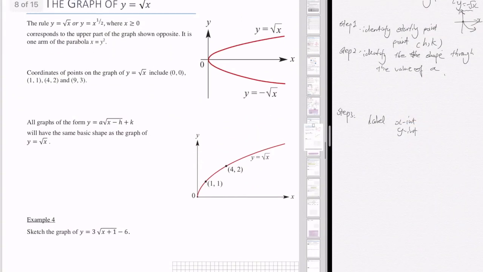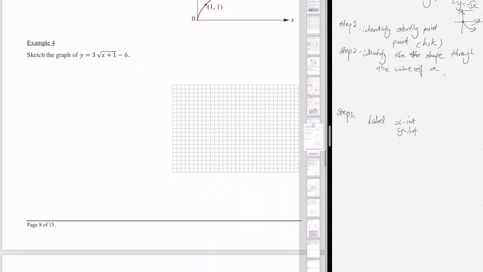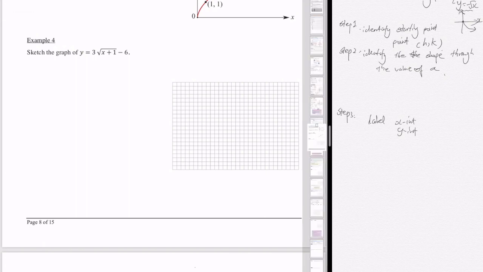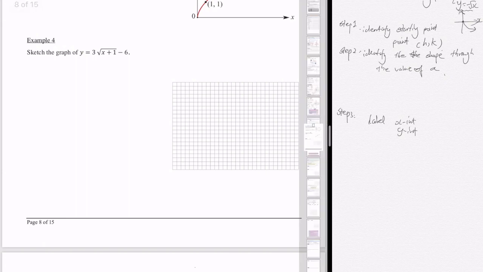Now coming back to our worked example, on your 4C worked example, sketch y equal to 3 times square root x plus 1 minus 6. On my right hand side, in the notes, you see step 1: identify the starting point h and k.